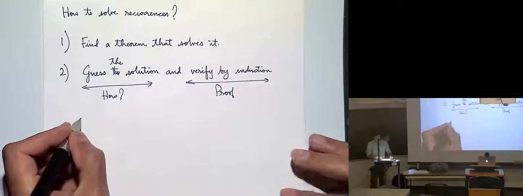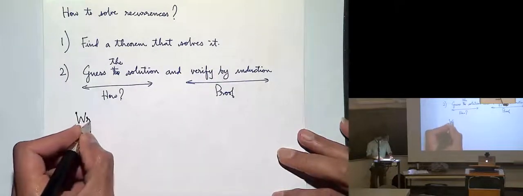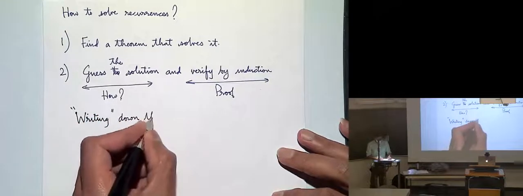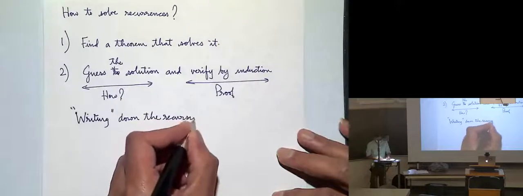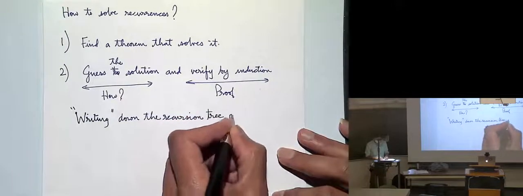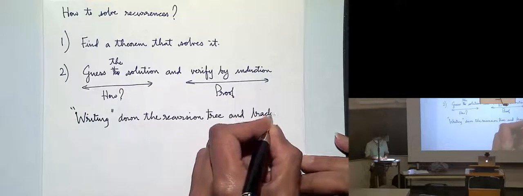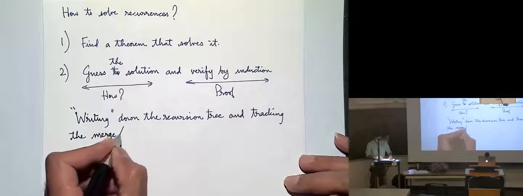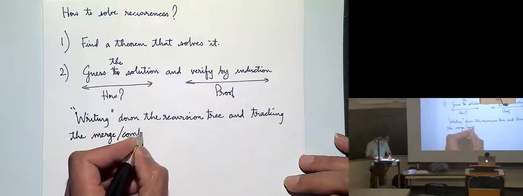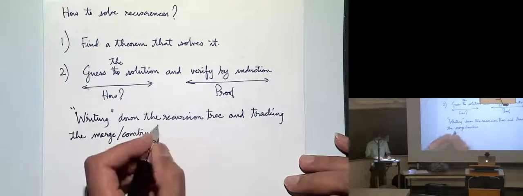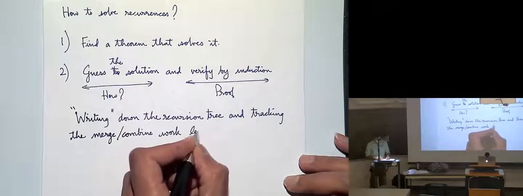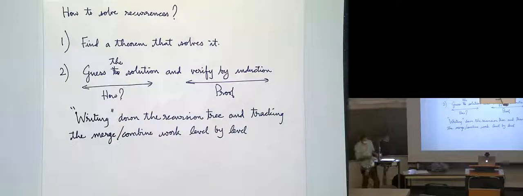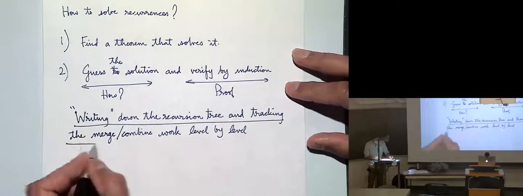So you guess by writing down the recursion tree and tracking the merge, which is basically the combine work, level by level. This is the general principle. So we're going to basically do this.